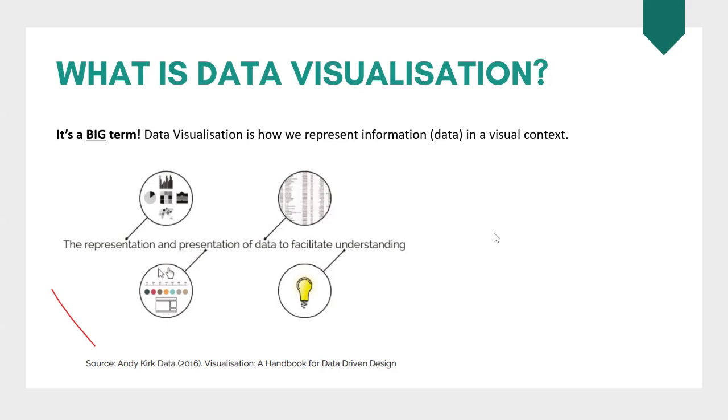The representation of this is the formats that we use. The presentation is how it comes across. And the data is also what did we choose to present and what did we choose not to present.